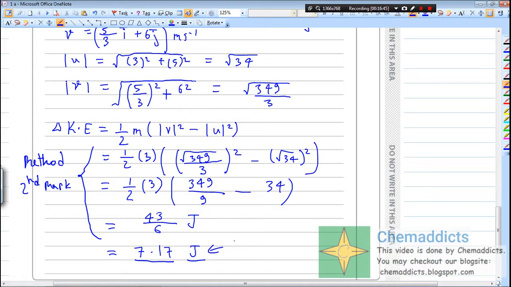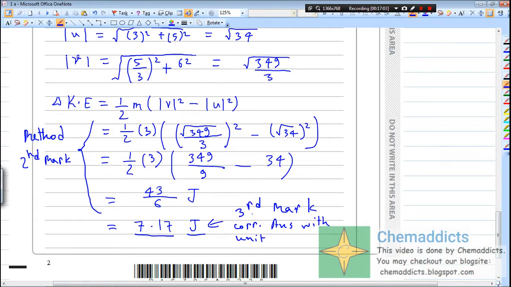If we find the correct numerical value and unit, this goes with the third mark. The third mark is for the correct answer, the numerical value with unit.